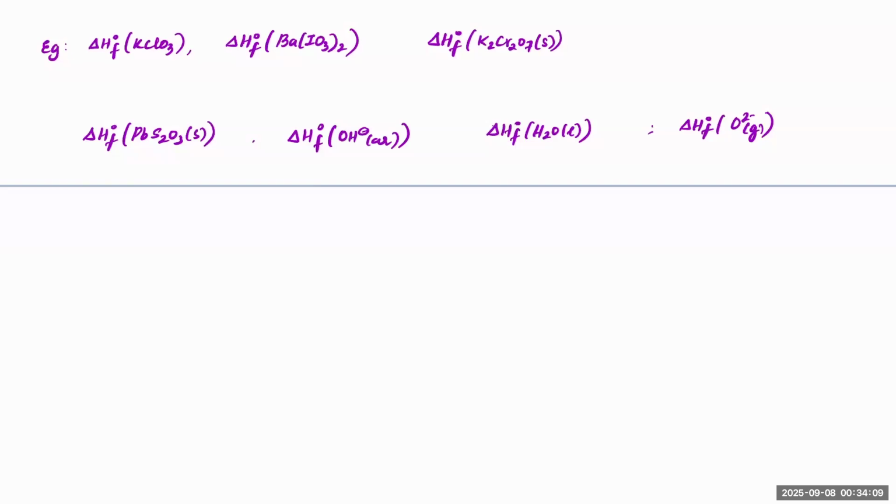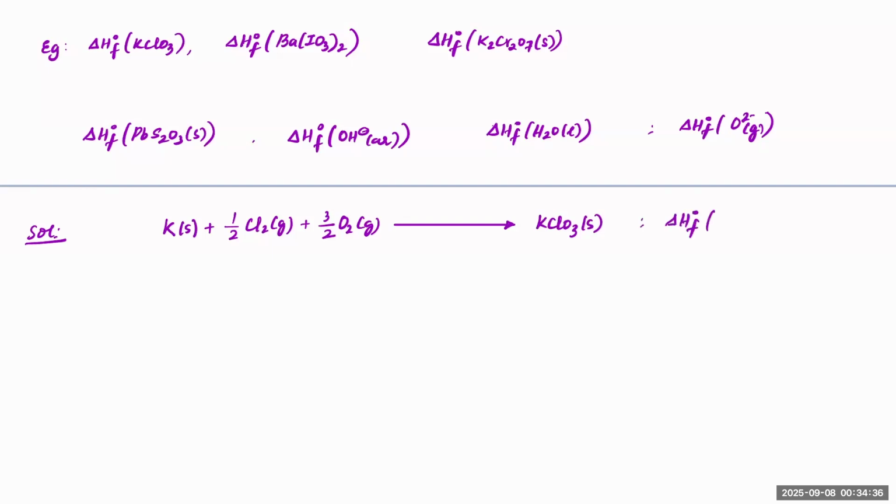Check if you got them correct. First will be potassium solid plus half of Cl2 gas plus 3 by 2 times O2 gas. That gives 1 mole of KClO3 solid. So this is the reaction which describes the formation of KClO3 solid.